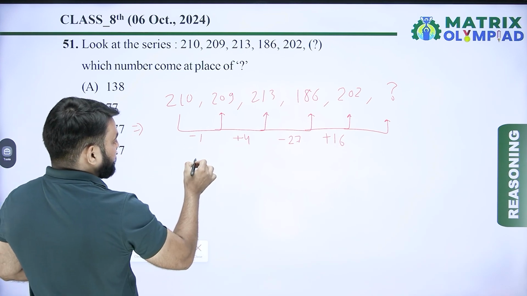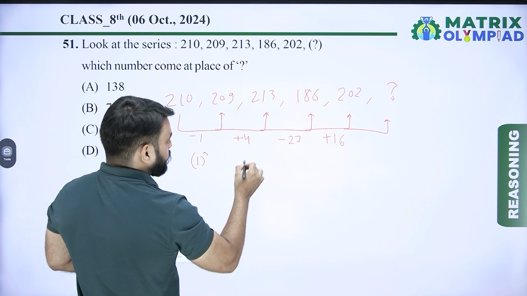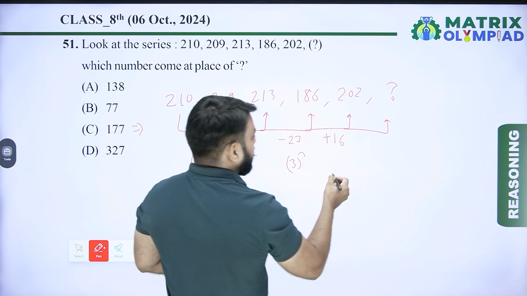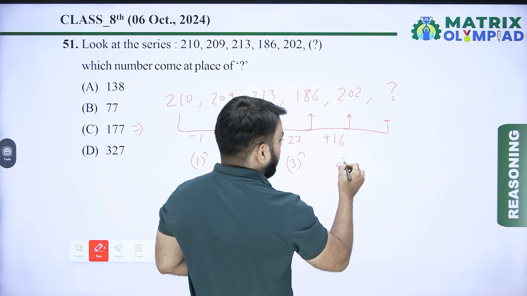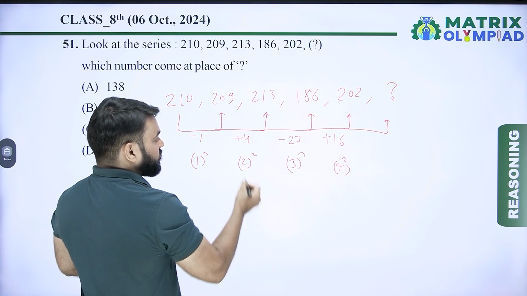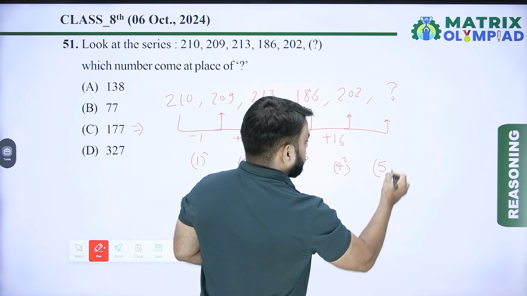So 1 means 1 cube, 4 means 2 square, 27 means 3 cube, and now 16 means 4 square. Similarly, 1 cube, 2 square, 3 cube, 4 square. Similarly, 5 cube.